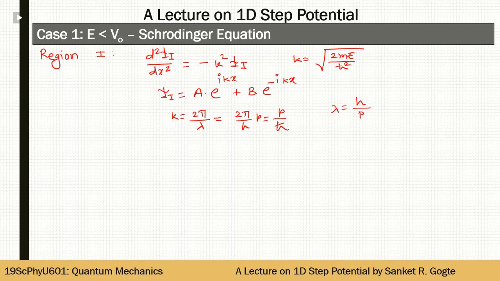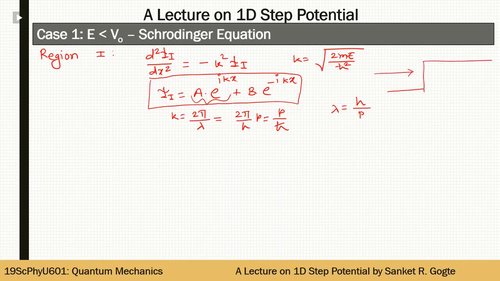If we look at this solution in region 1, the first term has positive k, and therefore it corresponds to positive momentum, and therefore that term represents a particle which is moving towards the positive x-axis, from negative to positive direction of x. Whereas the second term has negative angular wave number, and therefore it corresponds to negative momentum, and it represents a matter wave traveling in the negative direction of x.